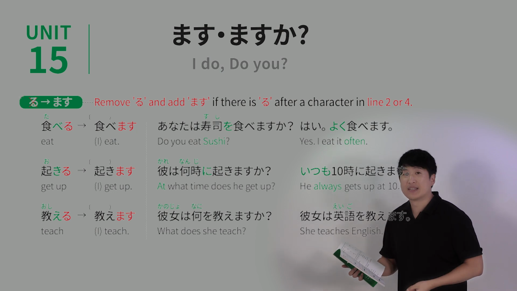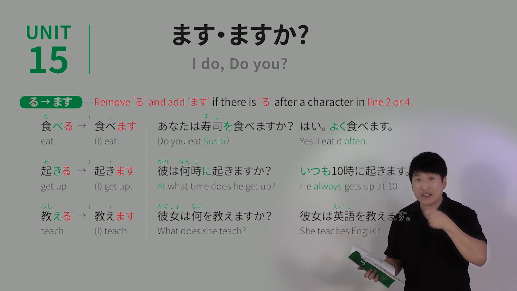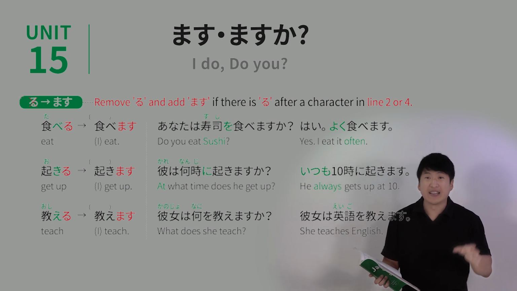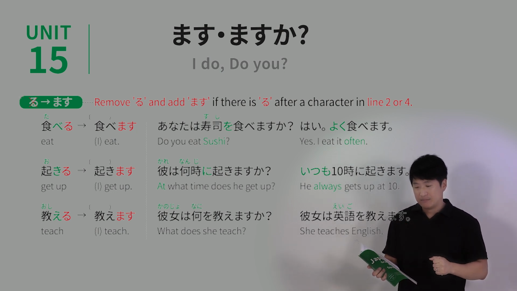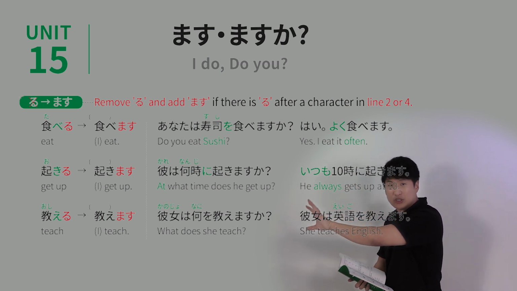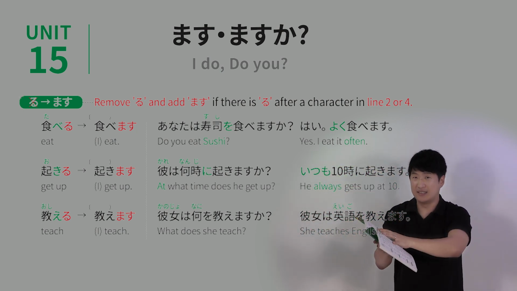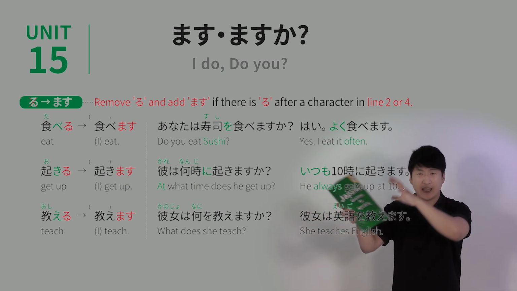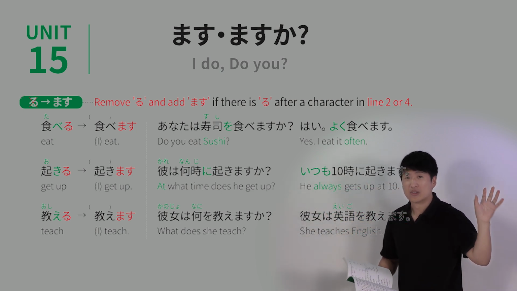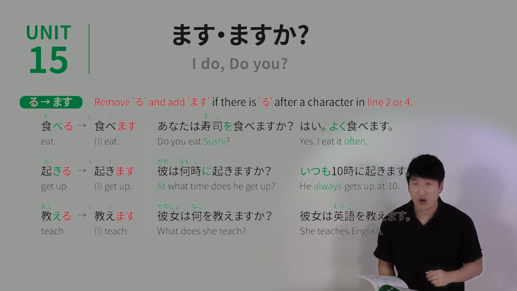All right, first one, 食べる means to eat something, right? If we want to say I eat, how? 食べる, and we have to use ます for that. And how do we connect these two? How do we conjugate these two? So 食べるます. If you just say 食べるます, that's obviously wrong.